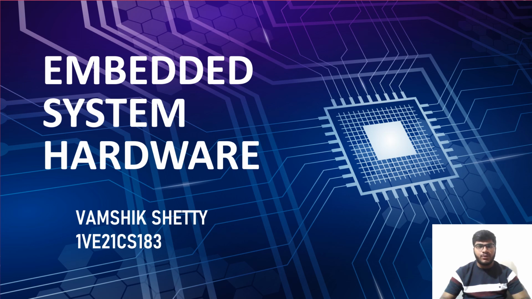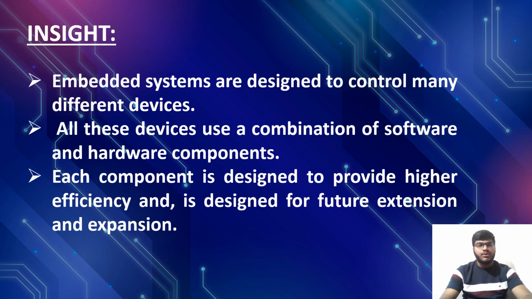Today we are going to discuss the major concept in microcontroller and embedded system, that is embedded system hardware. A brief introduction about the embedded system hardware is given here, whereas the embedded systems are designed to control many different devices. All these devices use a combination of the software and the hardware components.